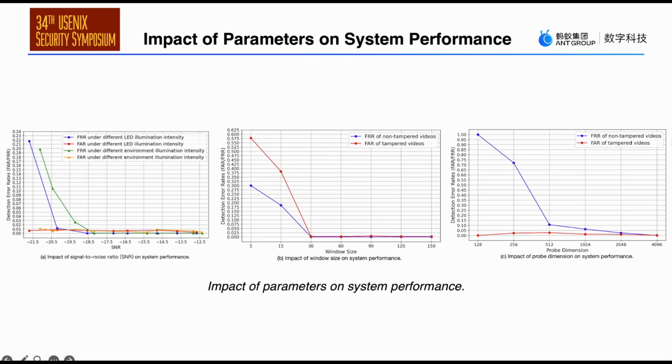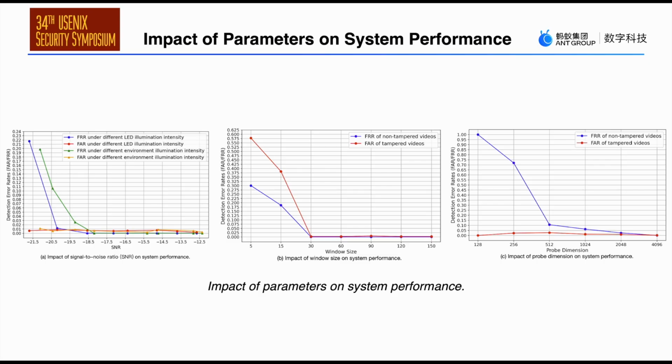We assessed physical and hyperparameter impacts. An SNR above minus 18.19 decibel achieves 0 false acceptance rate, that is FAR, and less than 0.6% false rejection rate, that is FRR. A window size of 30 to 150 and a 4096 probe dimension optimized detection, maintaining 0% FRR.